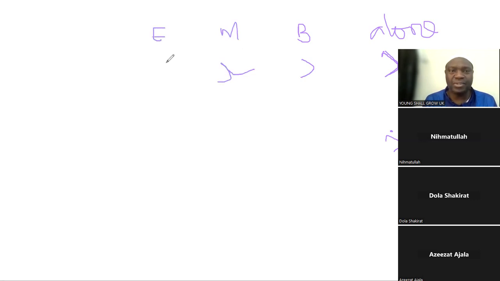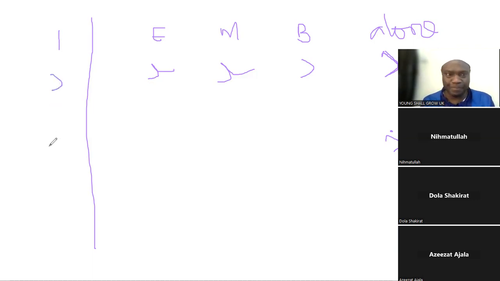At the end, one letter is coming to join Dal. If you notice our Alif as well, we didn't join any letter after Alif. So there are 6 letters like that that you cannot join after. One of them is Alif. One of them is Dal.